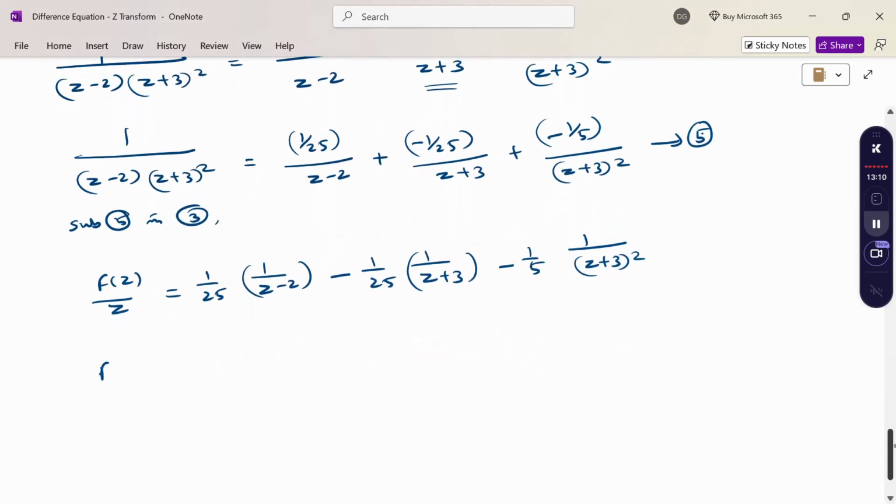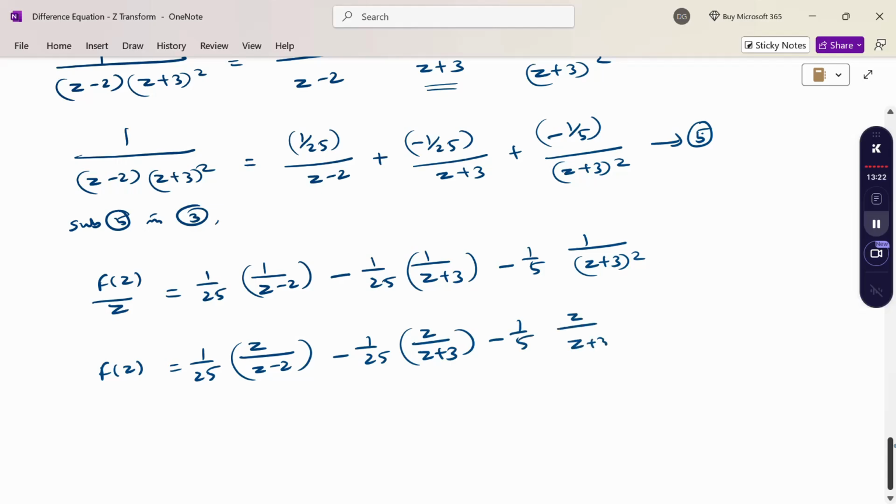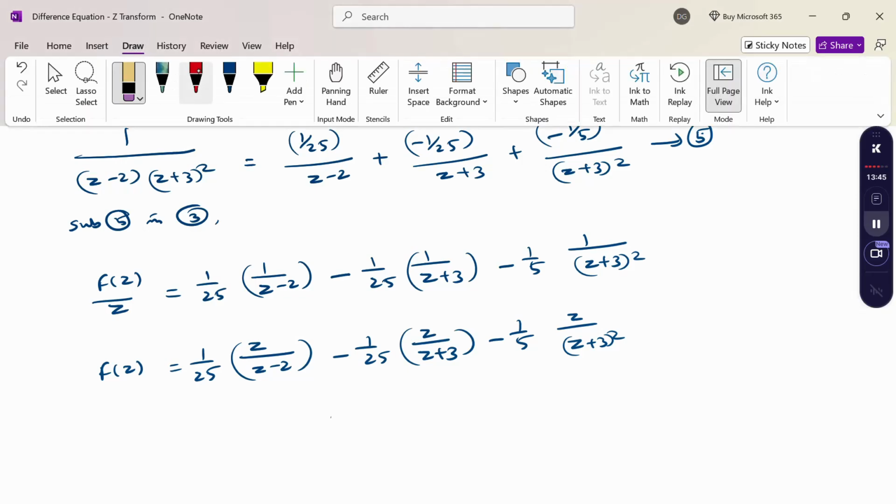Therefore f(z) = (1/25)z/(z-2) - (1/25)z/(z+3) - (1/5)z/(z+3)². So now f(z) is nothing but the z-transform of y(n). Now when I shift this z to the right-hand side, it will change to z inverse, as I already mentioned in the previous video lecture: directly multiply z inverse on both sides.